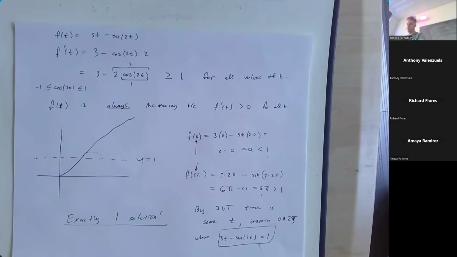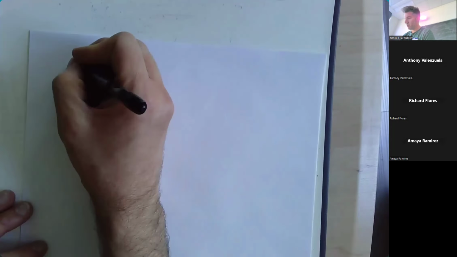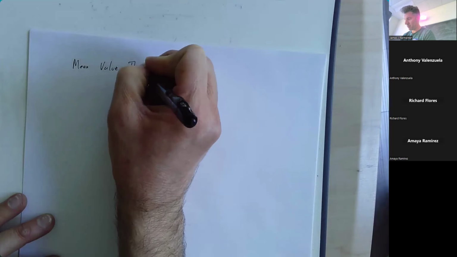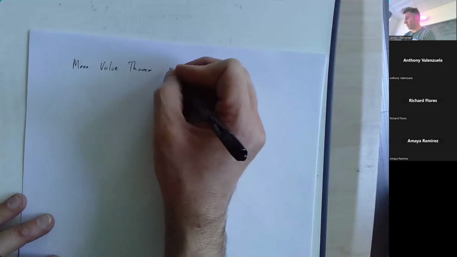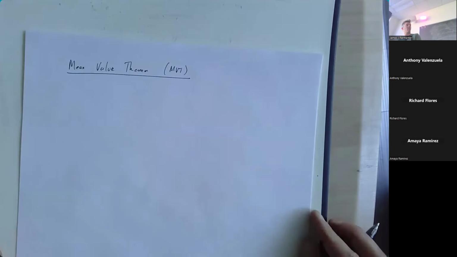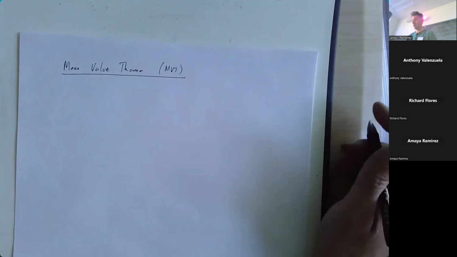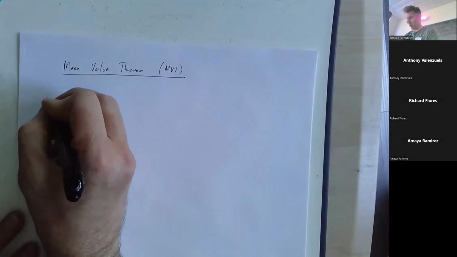Okay, we have 6 or 7 minutes here. Let's briefly talk about the mean value theorem. We'll actually start with Rolle's theorem, because Rolle's theorem is just a special case of the mean value theorem. So Rolle's theorem says the following.